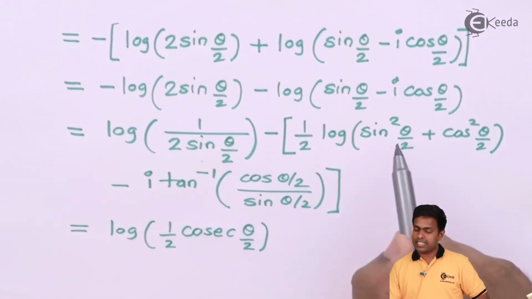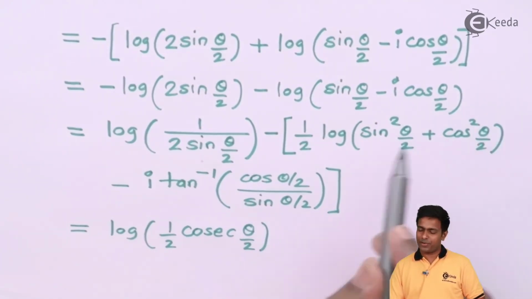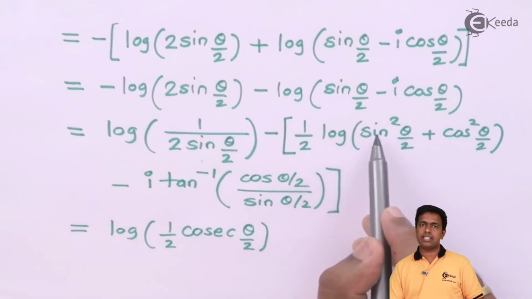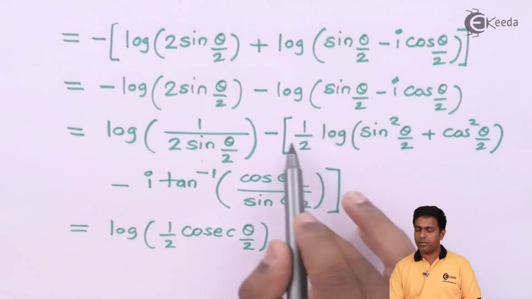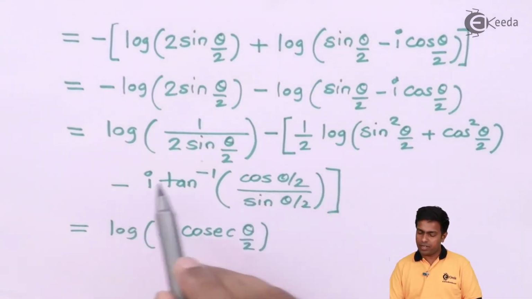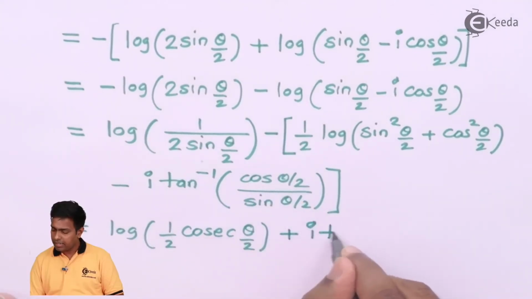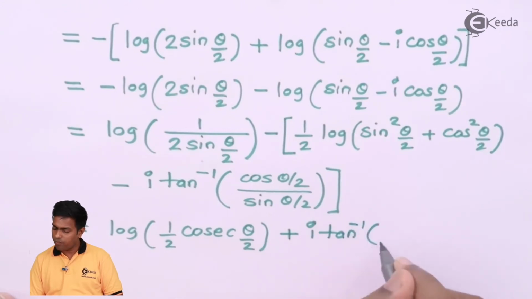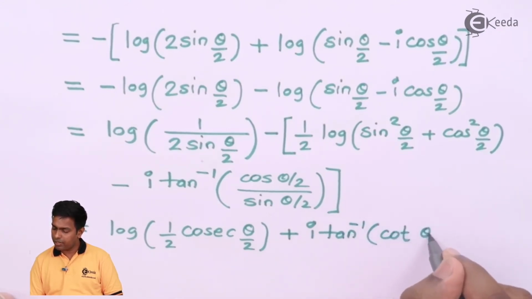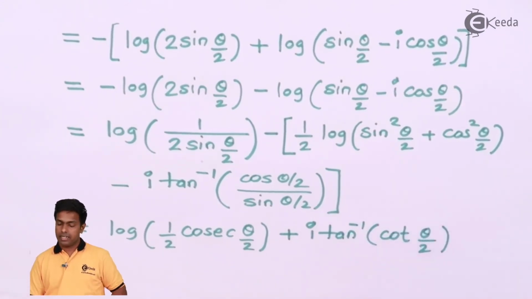Next, sin square theta by 2 plus cos square theta by 2 is 1, and log of 1 is 0, so this term will become 0. And here we will get minus and minus, that is plus I tan inverse of cot theta by 2. You can observe here that cos upon sin is cot.